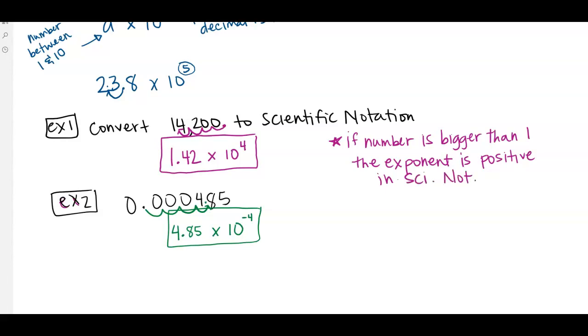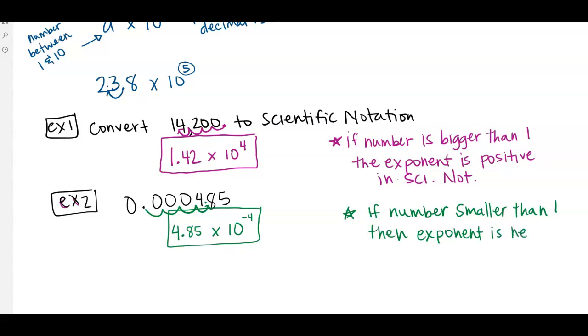But if the number that you start off with is smaller than 1, then the exponent is negative in scientific notation. Okay, and those are absolutes. That is always the way it's going to be.